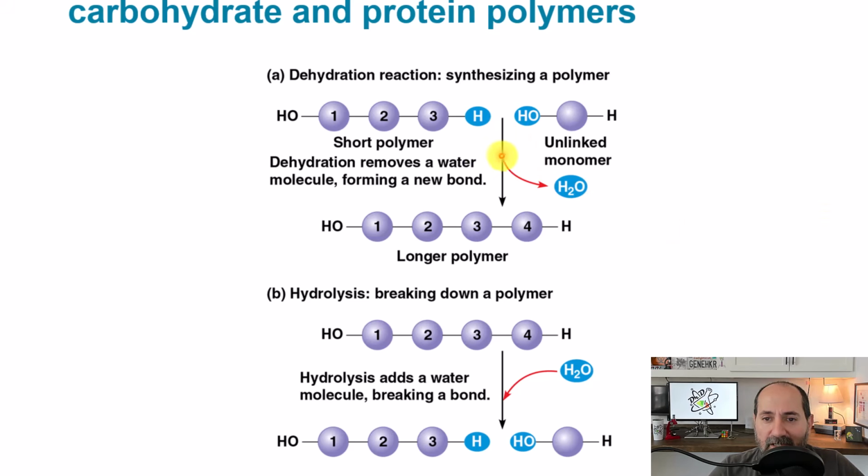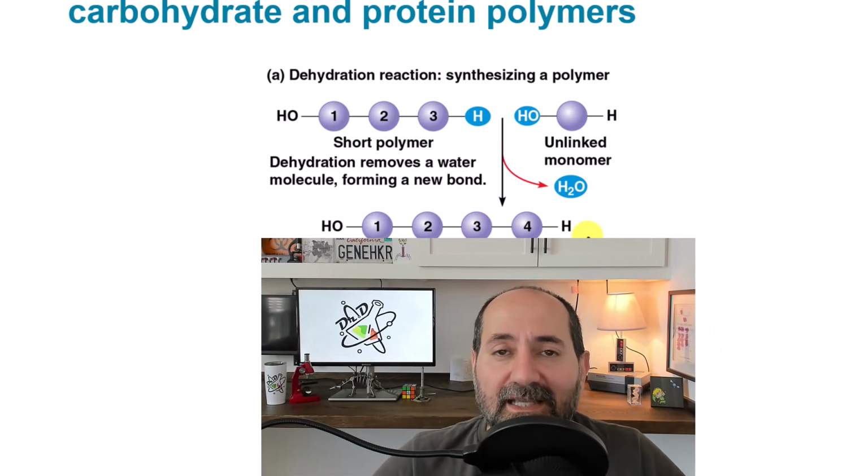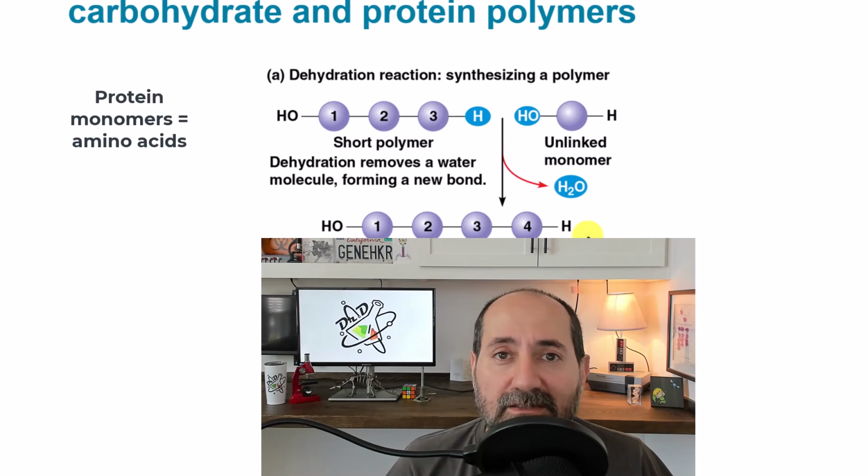And do you see how you had to remove a molecule of water in order to synthesize that bond? This is why it's called dehydration reaction, because you're removing water, sometimes called dehydration synthesis, because you're synthesizing a new covalent bond. And it does not matter if you're talking about dehydration reaction in proteins.